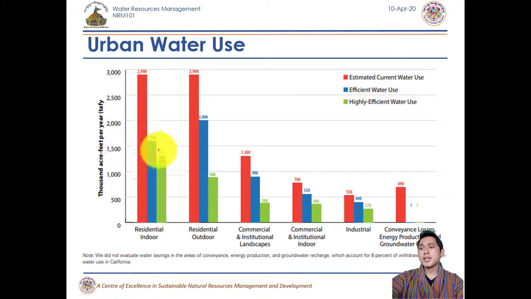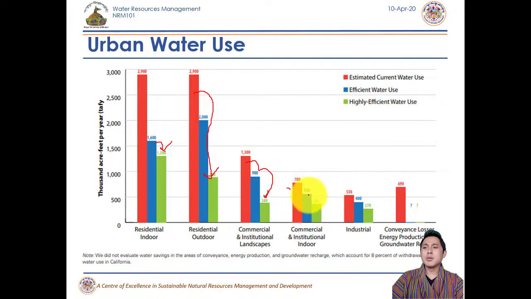But if we use a very efficient water using system, then we lower from 2,900 to 1,600 TAF. And with a very high efficiency one, we lower by about 300 TAF more. So 1,600 to 300, that's again huge. Look at the red to blue to green areas, how it's jumping.